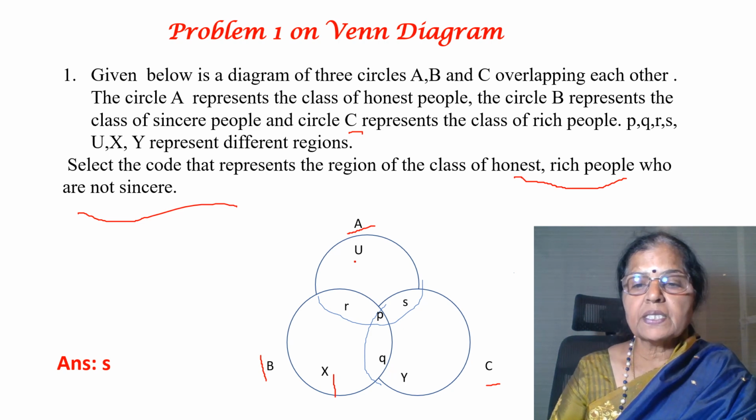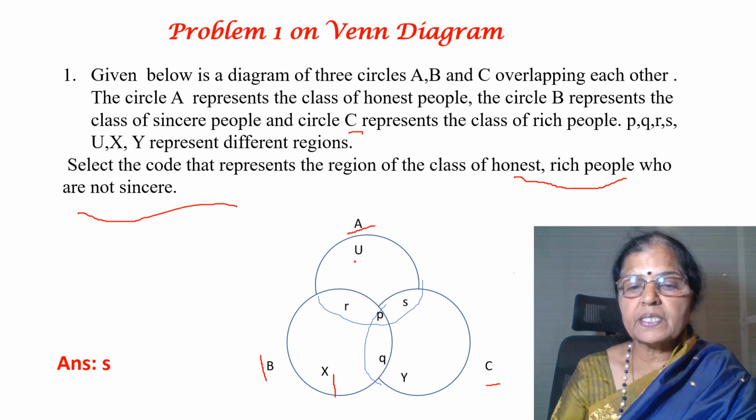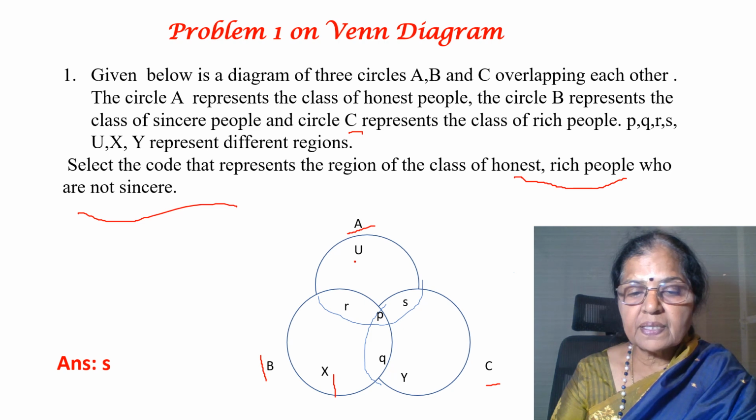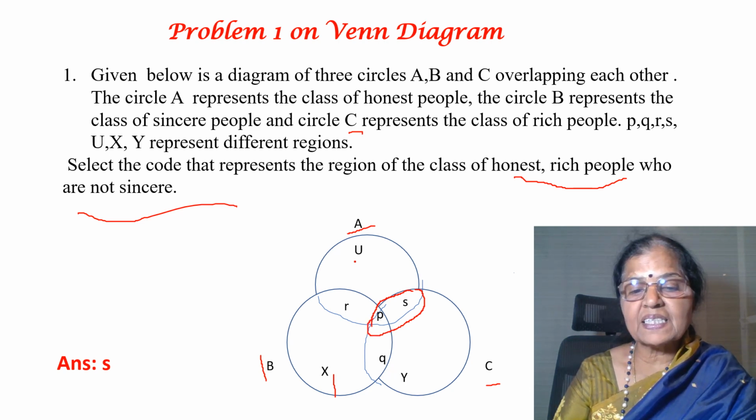So which is honest? A is honest. This circle is honest, and B is the sincere. This is sincere people, and C is the rich people. Now we want honest rich people. This region is honest, and this region fully represent honest, and this region represent honest and rich people and sincere.